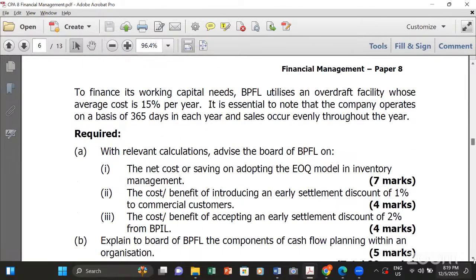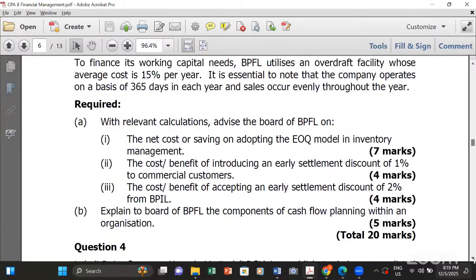2, the cost or benefit of introducing an early settlement discount of 1% to commercial customers. 4 marks. And the cost or benefit of accepting an early settlement discount of 2% from BIPL.